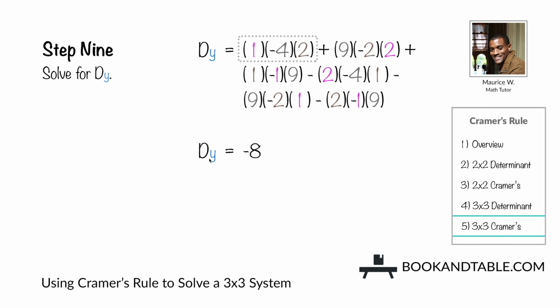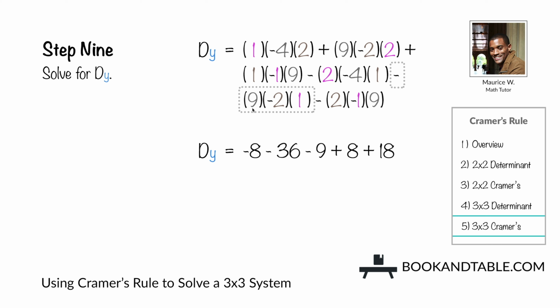So we have 1 times negative 4, which is negative 4, times 2 is negative 8, plus 9 times negative 2, which is negative 18, times 2 is negative 36, plus 1 times negative 1, which is negative 1, times 9 is negative 9. Negative 1 times 2 is negative 2, times negative 4 is positive 8, times 1 is positive 8.